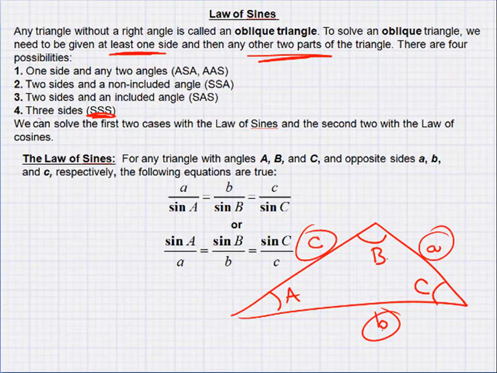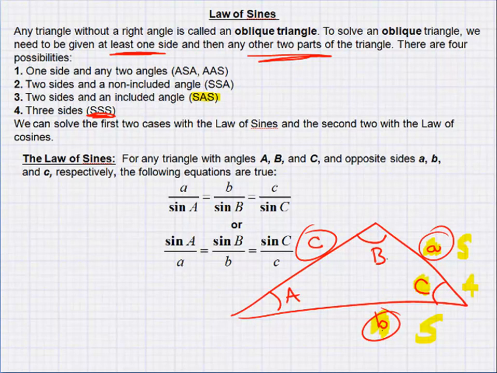And we could solve the triangle, basically finding the remaining pieces, in that case all three angles, based off of that information. I could be given this side, this angle, and this side. In that case we call that side, angle, side, where the angle is in between the two sides.